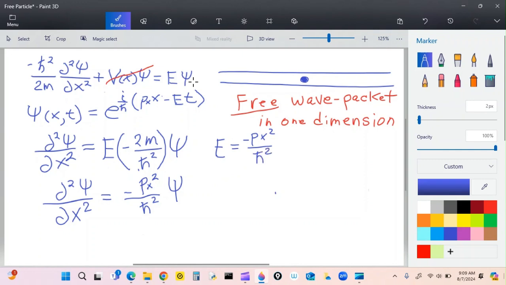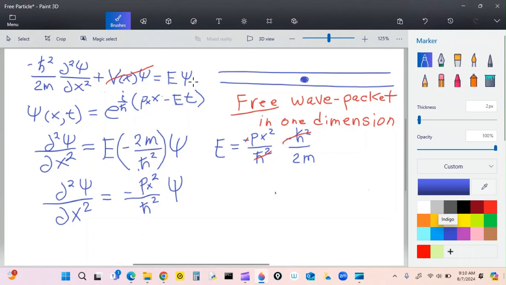And then I'm multiplying both sides by this reciprocal to give me minus h bar squared over 2m. Go to the red marker. Negatives go away. H bar squared goes away.